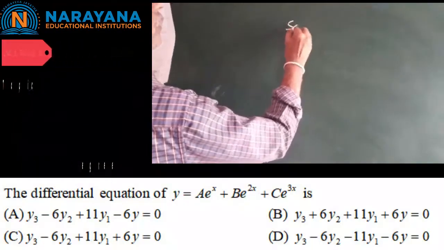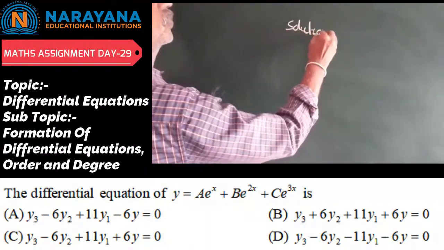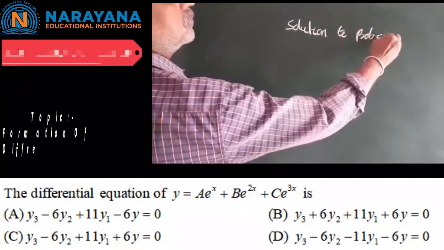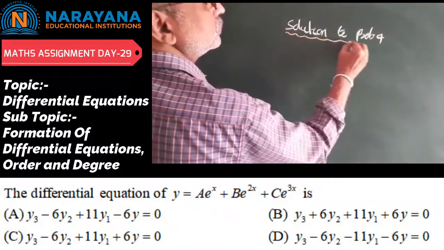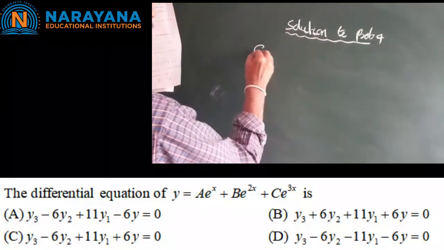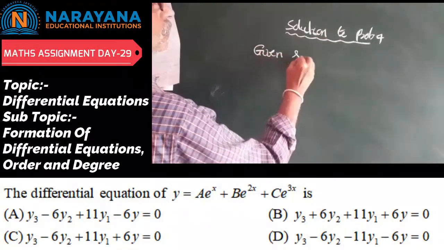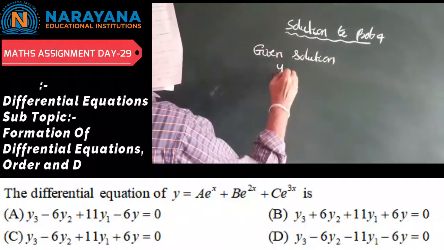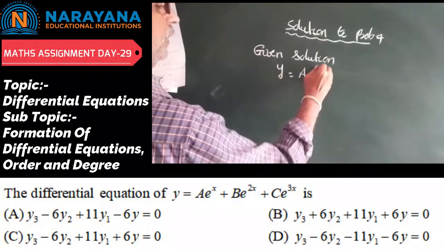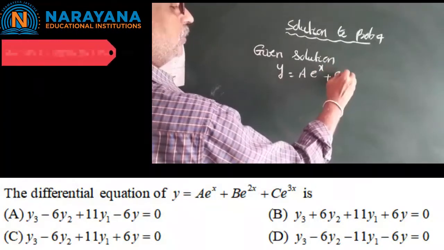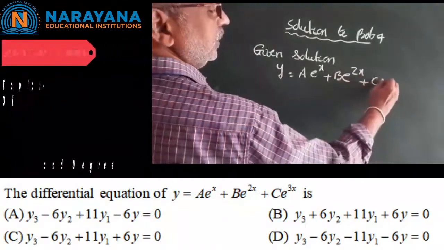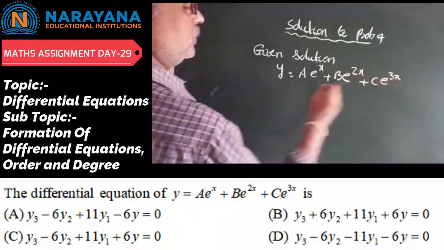Solution to problem number 4. Given solution, y equal to a into e power x plus b into e power 2x plus c into e power 3x.